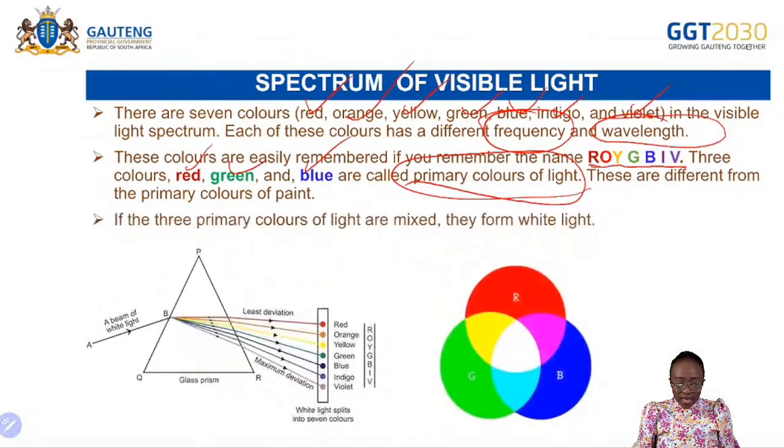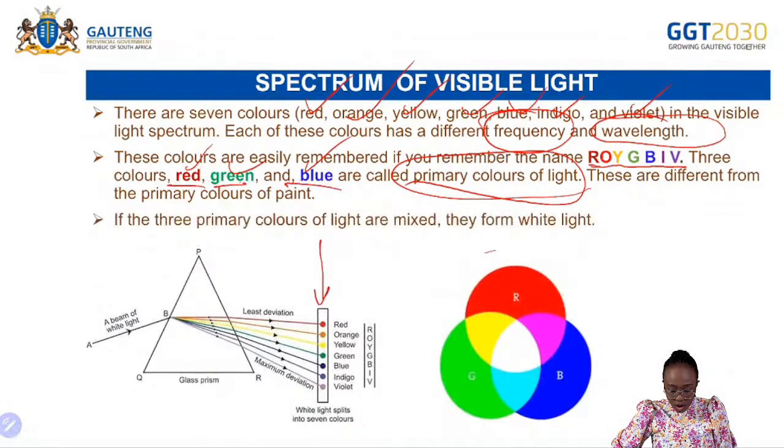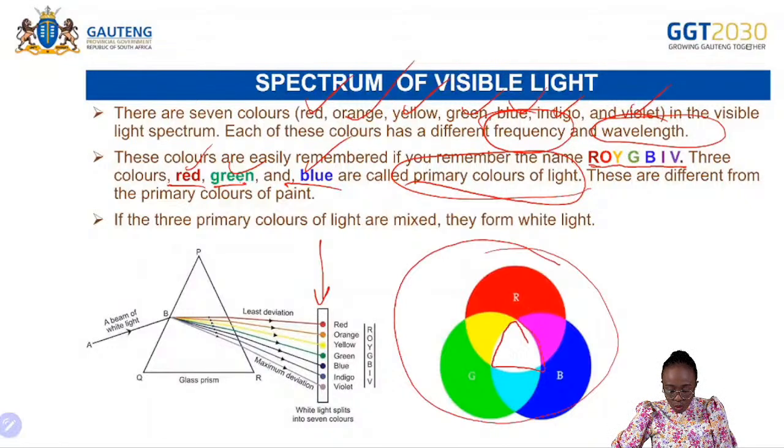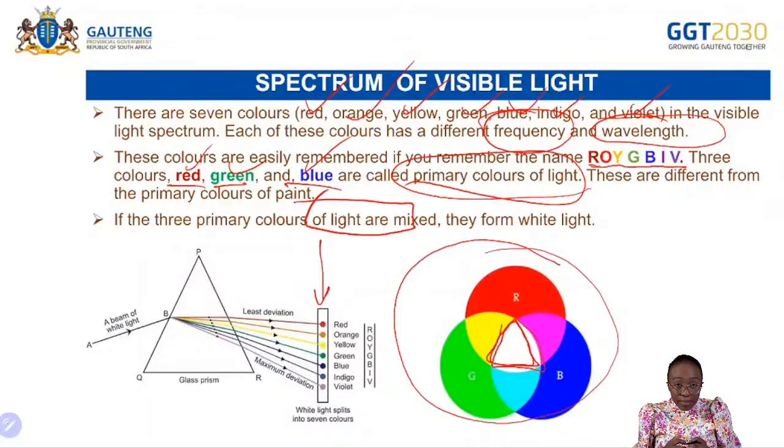So, we said that white light is a combination of these 7 colors of the visible light spectrum: red, orange, yellow, green, blue, indigo, and violet. And the primary colors are red, green, and blue. The combination of the 3 primary colors of light, when they are mixed, will give us white.